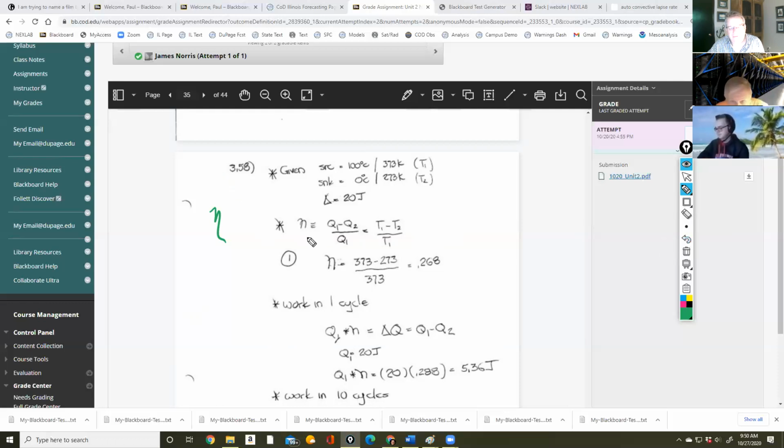Okay, so eta, efficiency, is Q1 minus Q2, which we know is T1 minus T2 all over T1. Or if you wanted, you could go 1 minus Q2 over Q1, and Q2 over Q1 is just 1 minus T2 over T1.